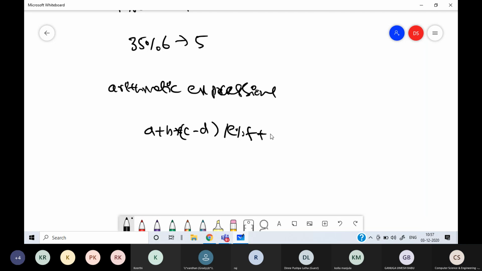When I have such an arithmetic expression, the rules followed in execution are these. First, higher priority operators are evaluated.